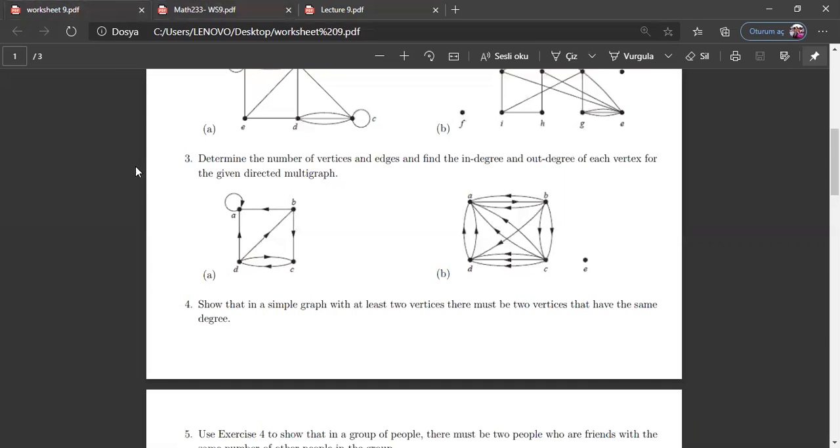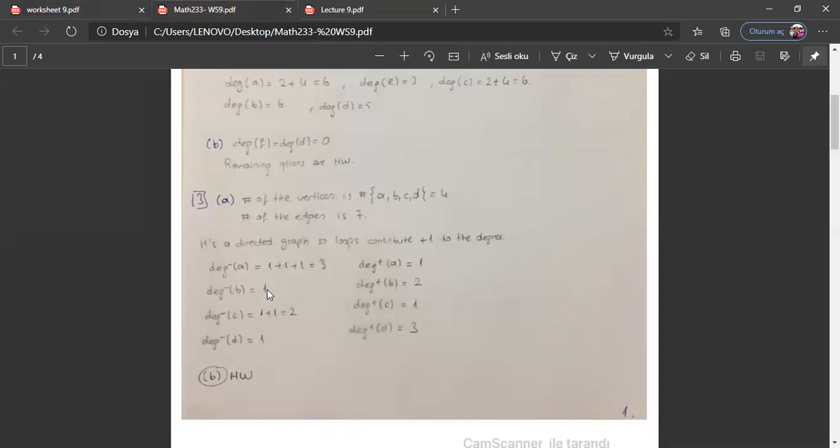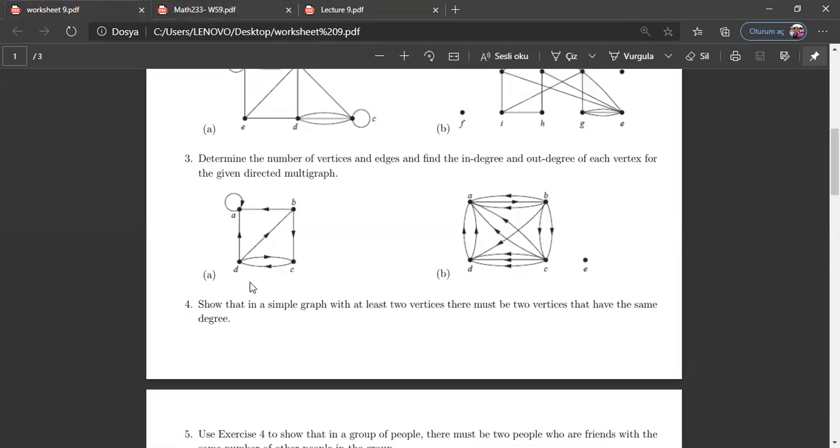Okay, so what about B? We have only one edge which ends with B, so the in degree of B is 1. What about C? We have this edge that comes to C and this one, so the in degree of C is 2.